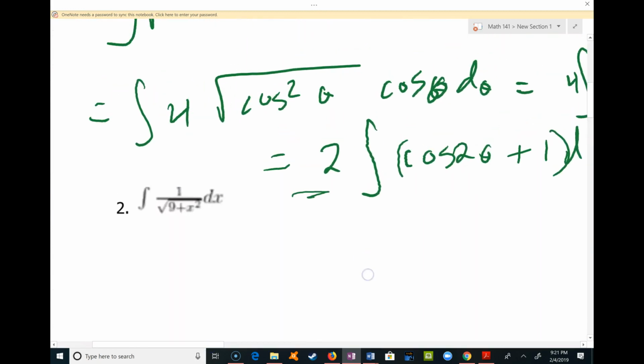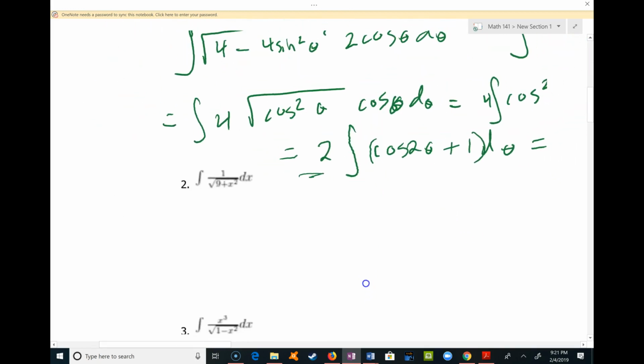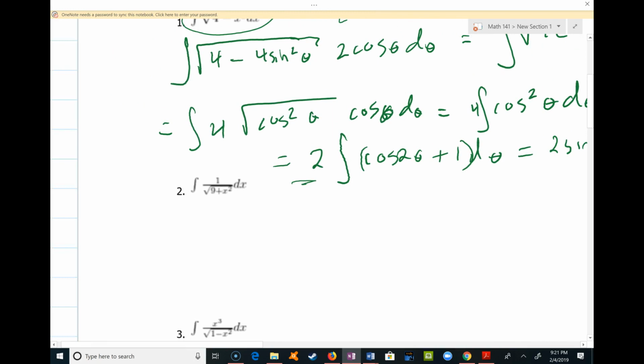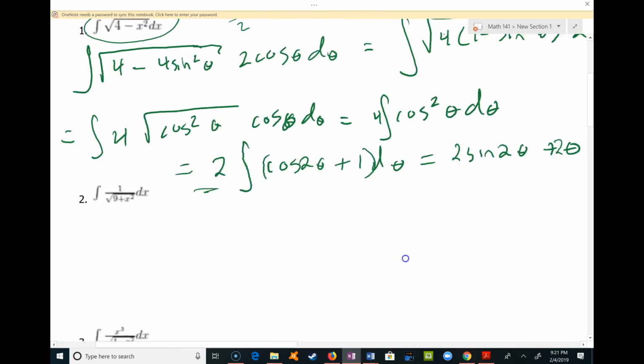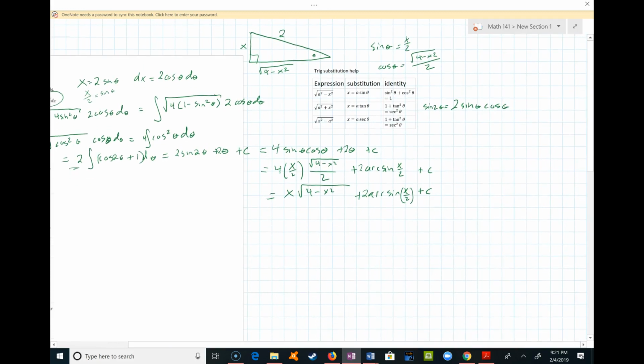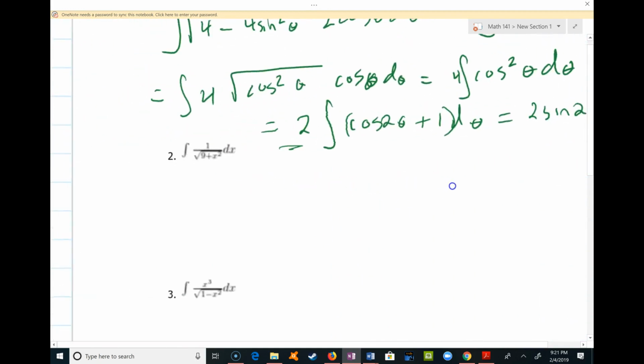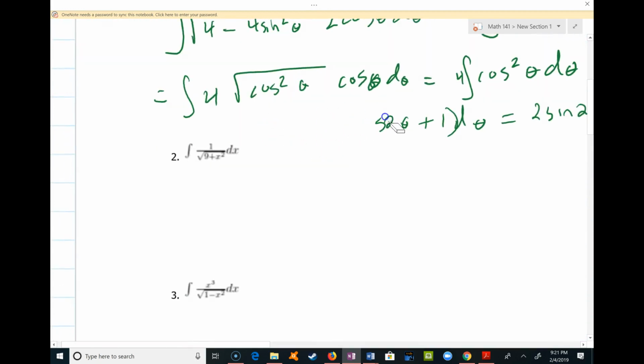So we're going to do the same thing on this one. I'm going to blow it up a little bit so I can fit it in better. So it's 9 plus x squared. If we go over here and look at this, that looks like that guy right there, doesn't it? Because 9 is 3 squared. So it looks like we want to use x equals 3 tangent theta.